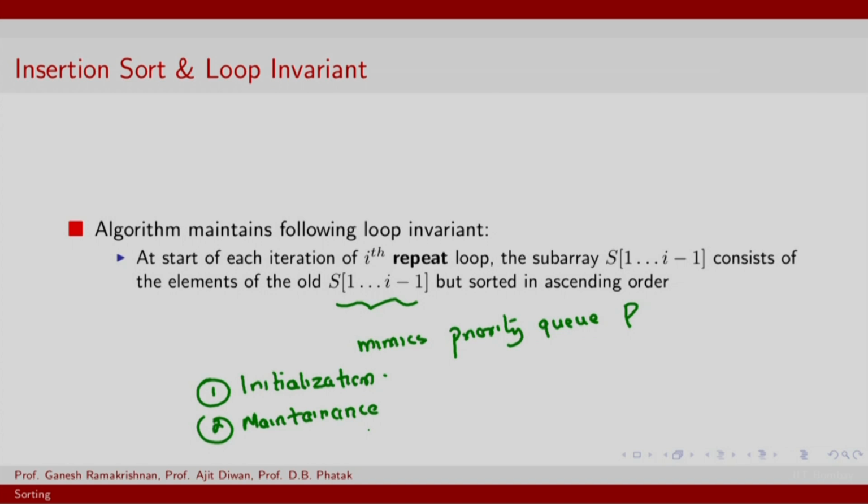The answer is yes. Please note that the I plus 1 iteration is only going to compare the key at the I plus 1th position with all elements preceding it, and we are already assuming that the preceding elements are sorted. So you scan from the right to the left until you find an element in S1 to I minus 1 that is actually less than or equal to the key that is being inserted.